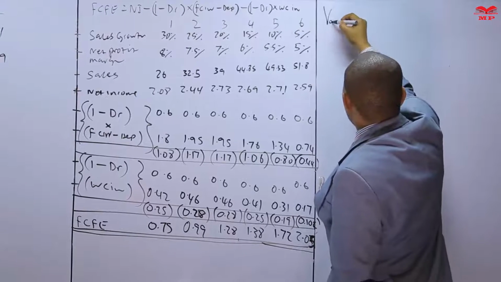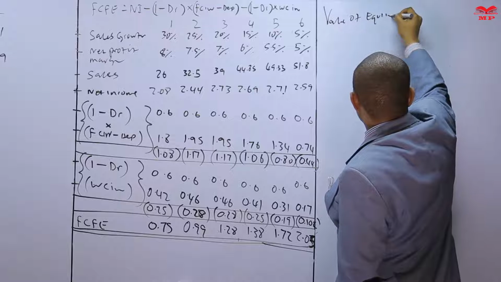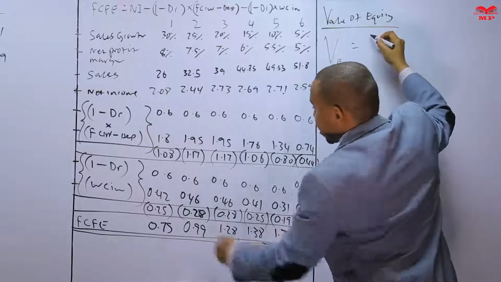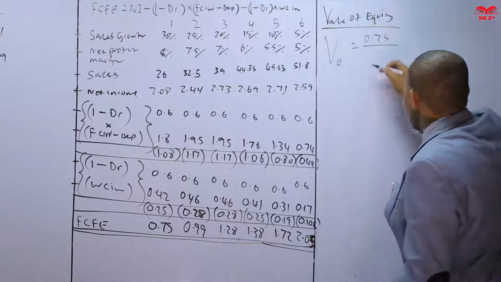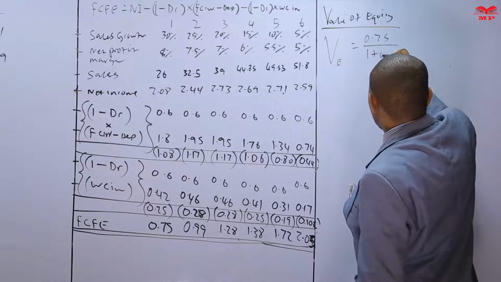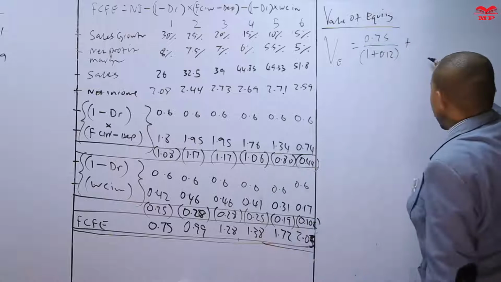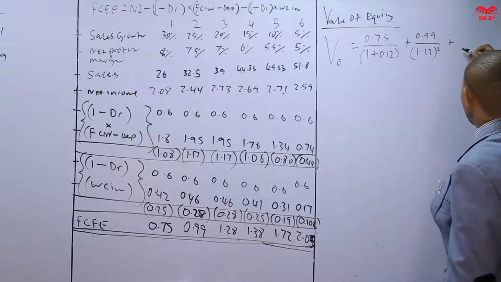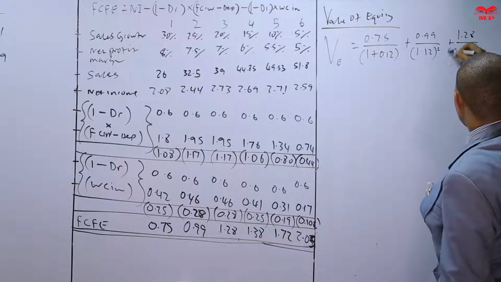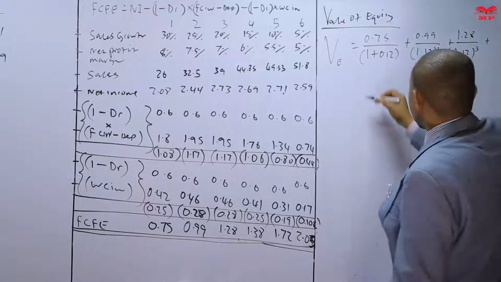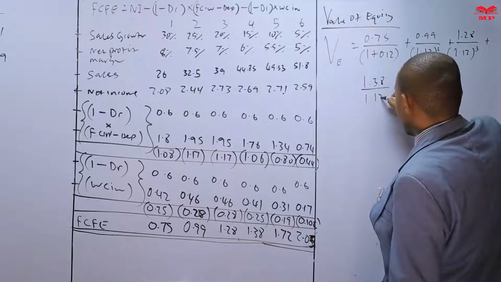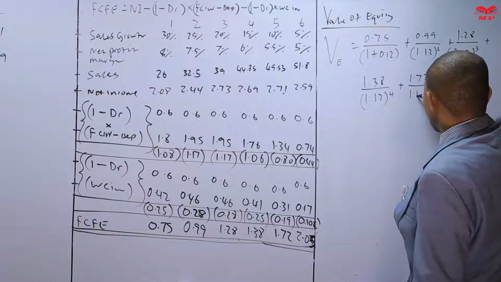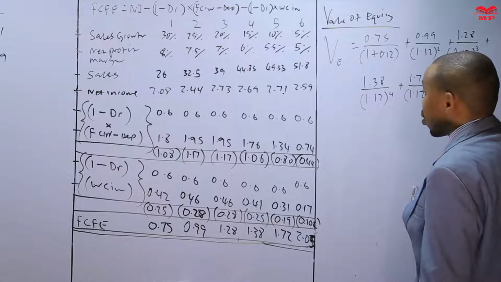So we are saying the value of equity, VE, is given as the first free cash flow to equity, 0.75, discounted at 1 plus r, where r is 0.12, plus 0.99 over 1.12 squared, plus 1.28 over 1.12 cubed, plus 1.38 over 1.12 to the power 4, plus 1.72 over 1.12 to the power 5, plus the component of perpetuity.